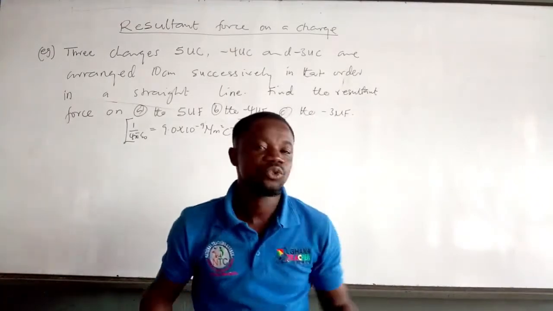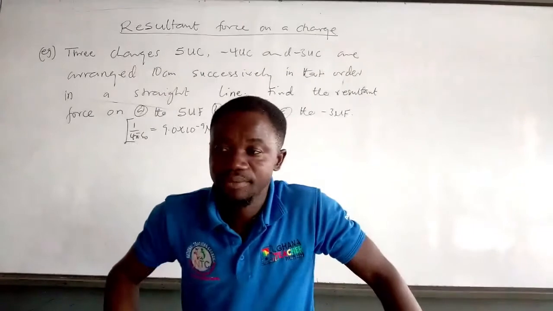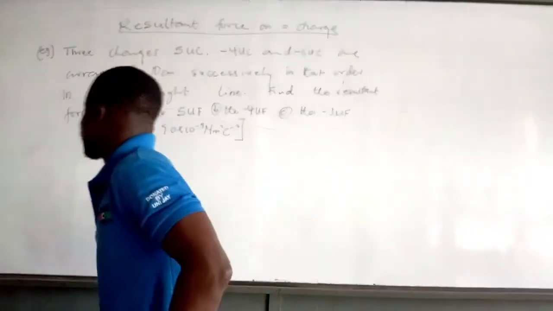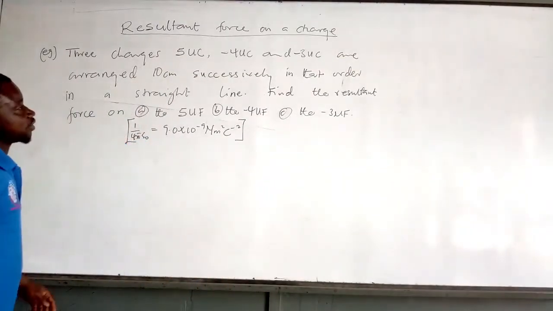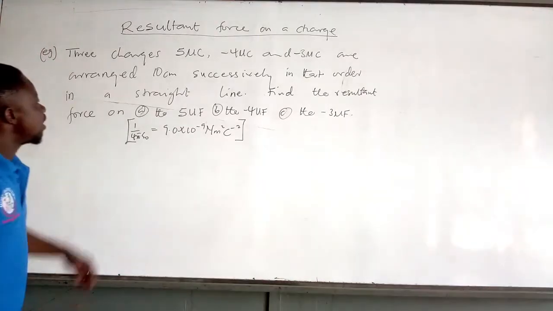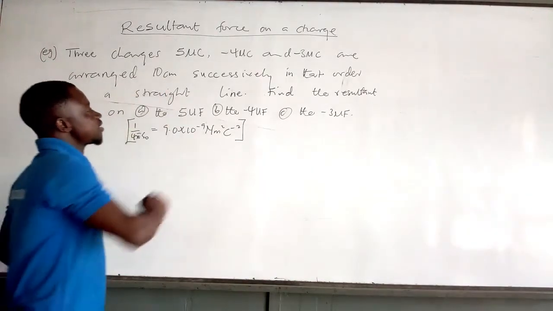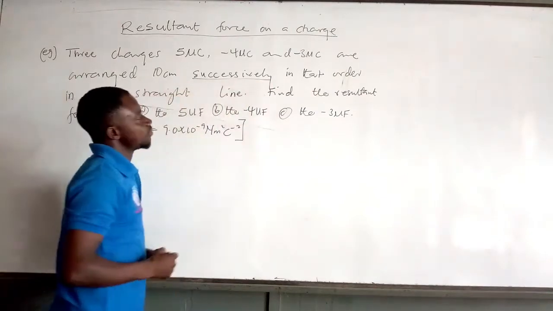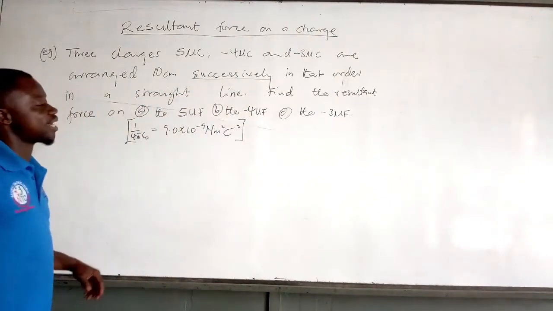Good. So let's look at this question: resultant force on a charge. So we take an example. Three charges are arranged 10 centimeters apart successively in that order in a straight line.